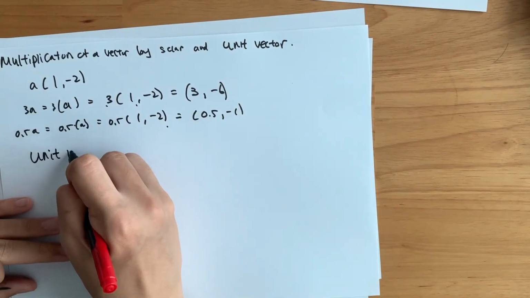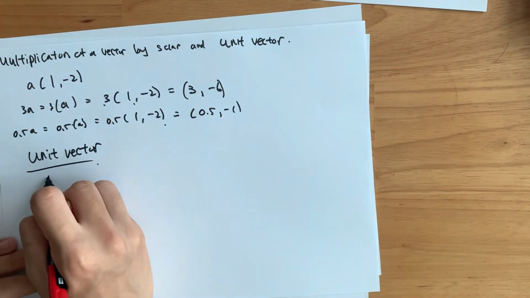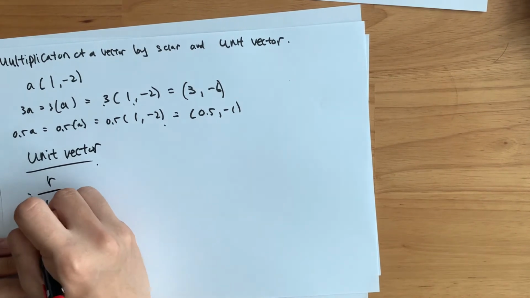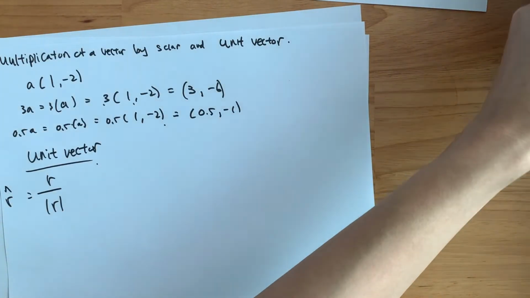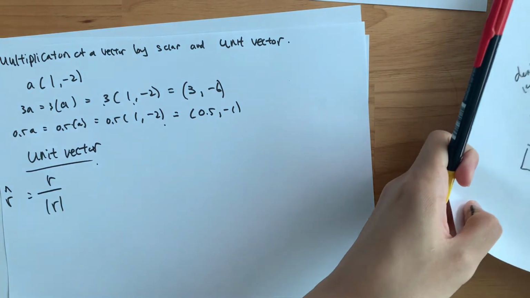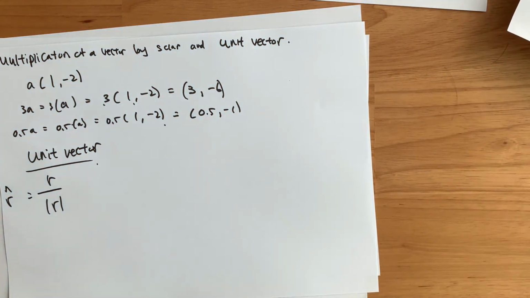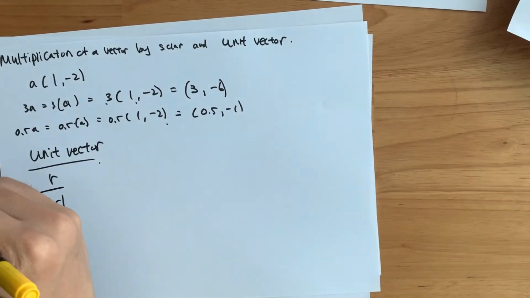This is very important. This is represented as r-hat like this. You need to know this unit vector because it also tells you this.